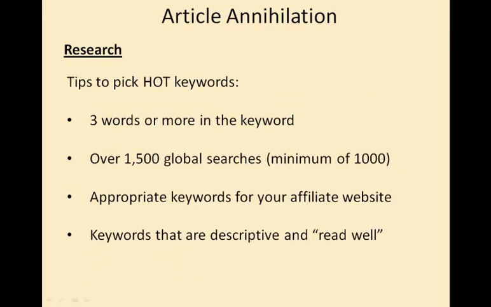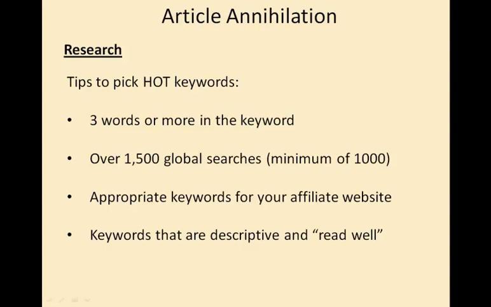Some tips when you're picking out your hot keywords is, firstly, 3 words or more, as longer keywords tend to rank better for our articles. And you also want to choose keywords with over 1,500 global searches, and we're talking about a minimum of 1,000 here, guys, but generally around 1,500 global searches is going to be better for ranking your articles.